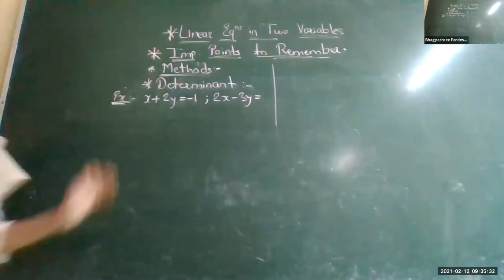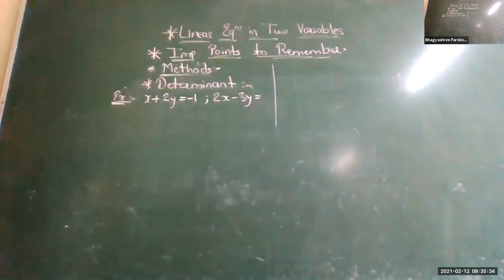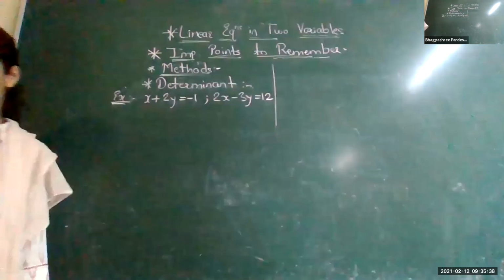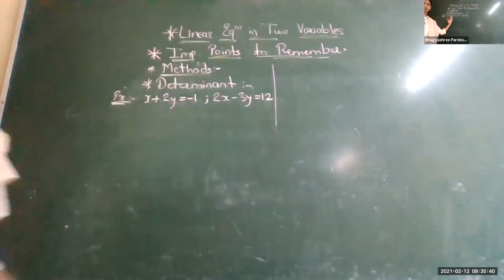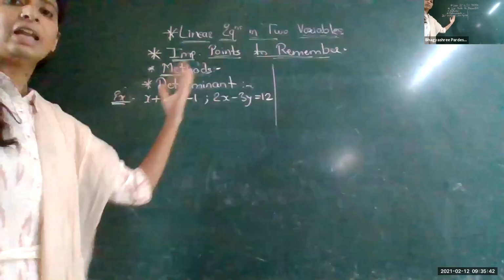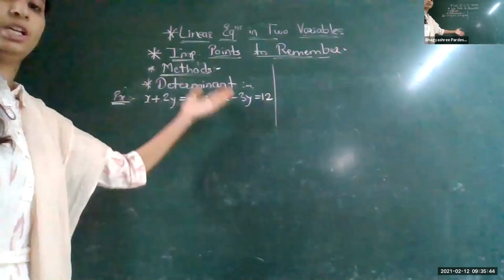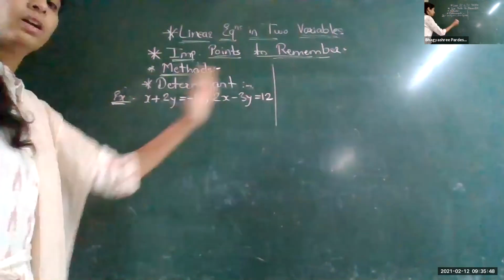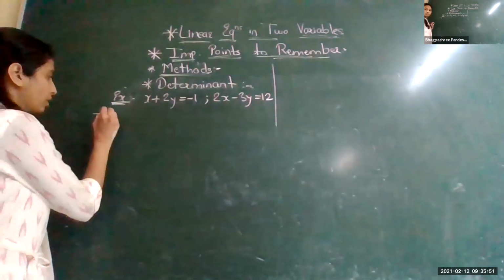Whatever equations are given to us are very easy ones. No difficult examples are given to us. Very easy types of equations, right? Like in the substitution or elimination method, numbers were there, but here that is not the case. So what to do?